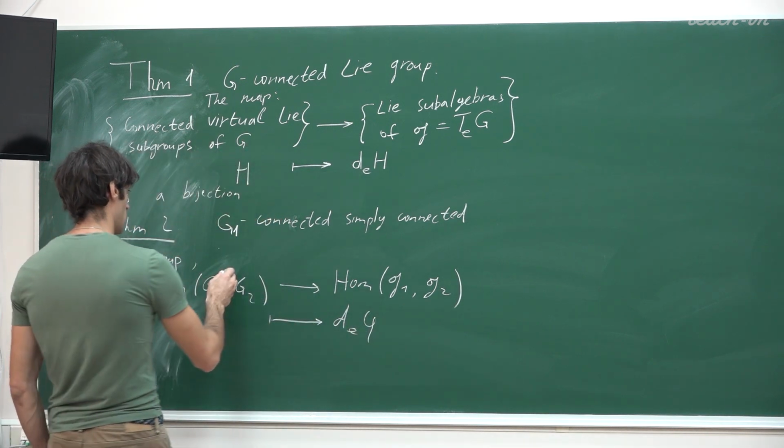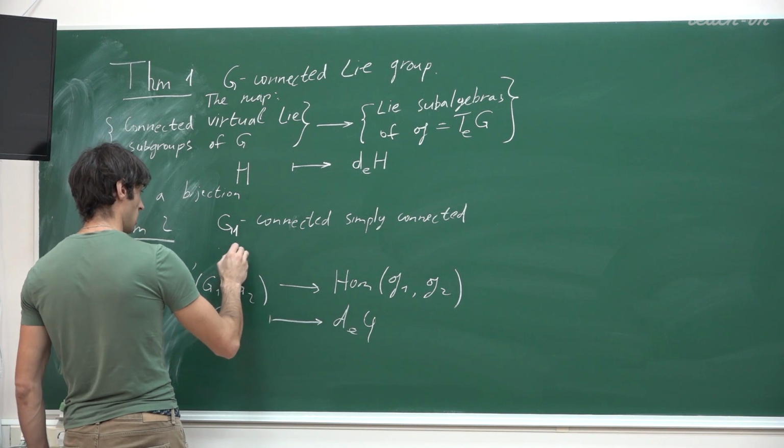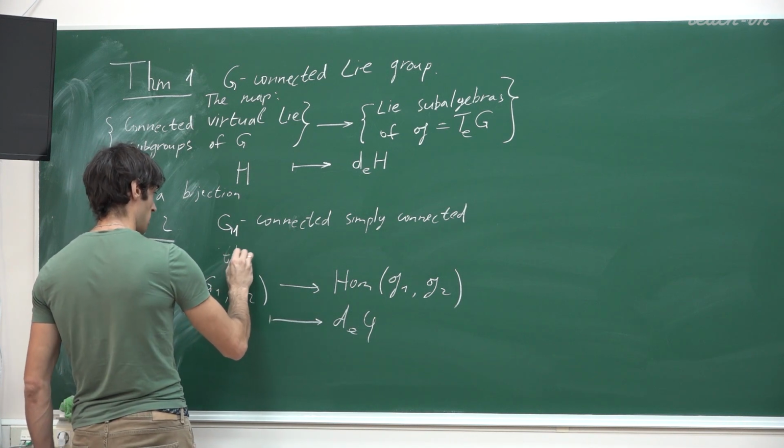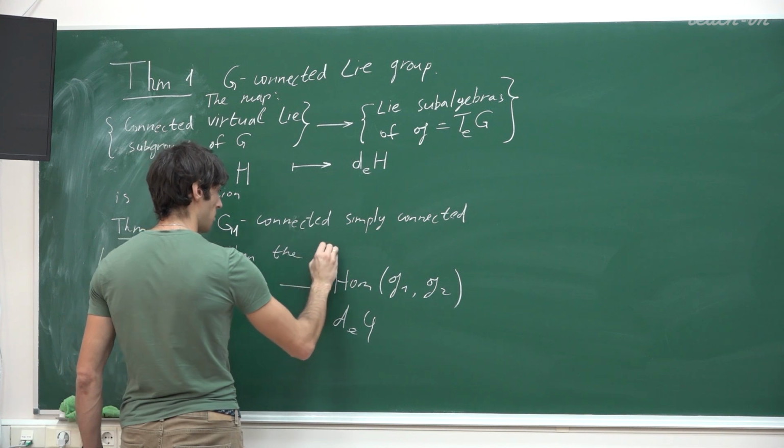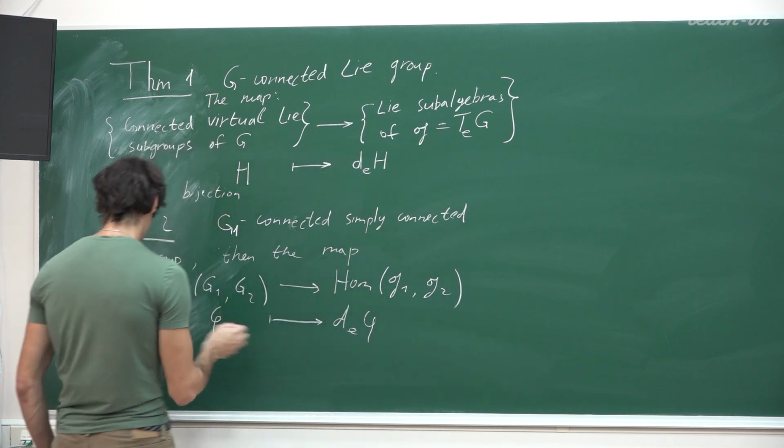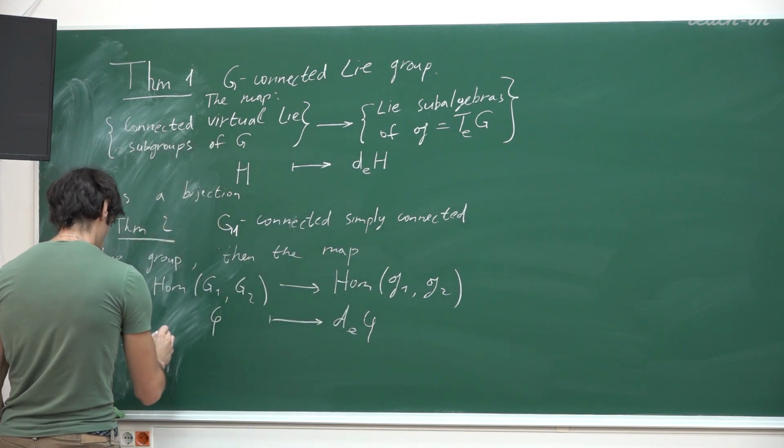Okay, and again, then the map is a bijection.